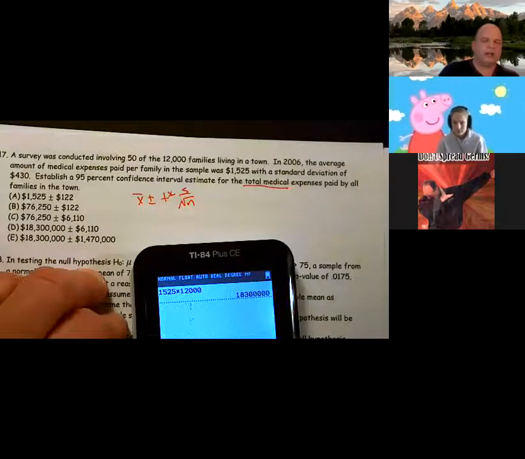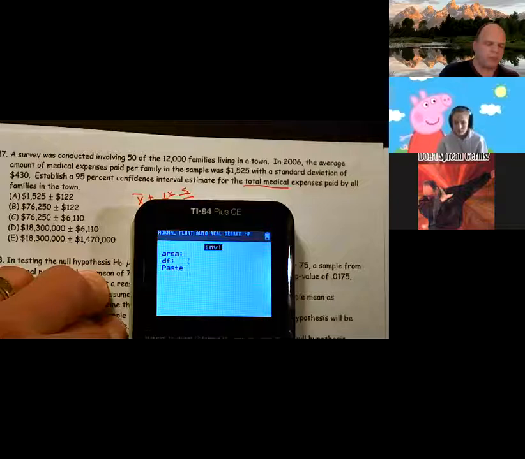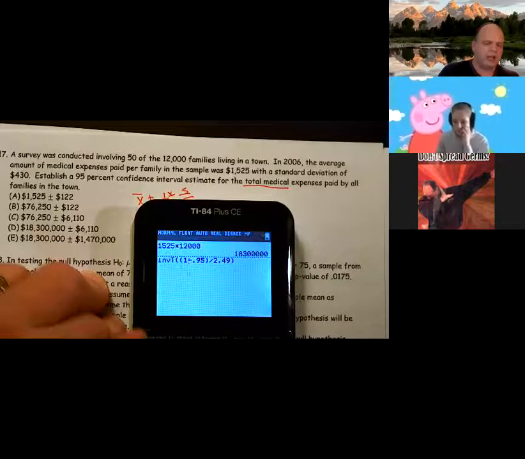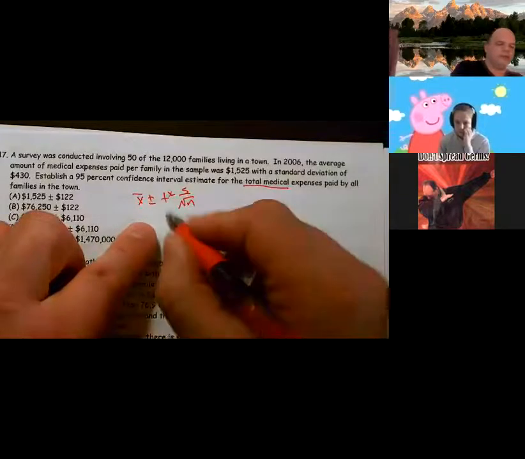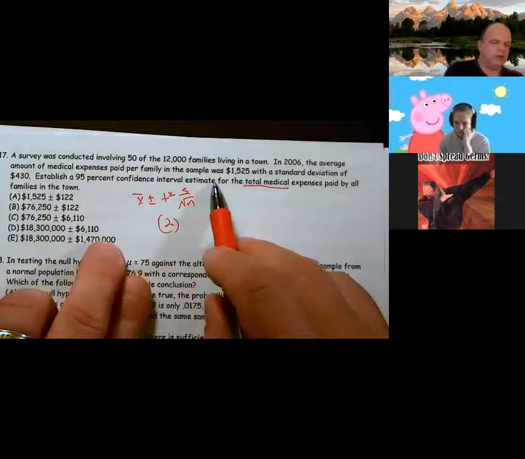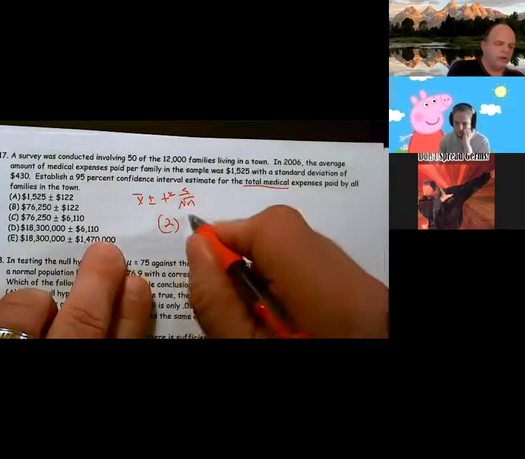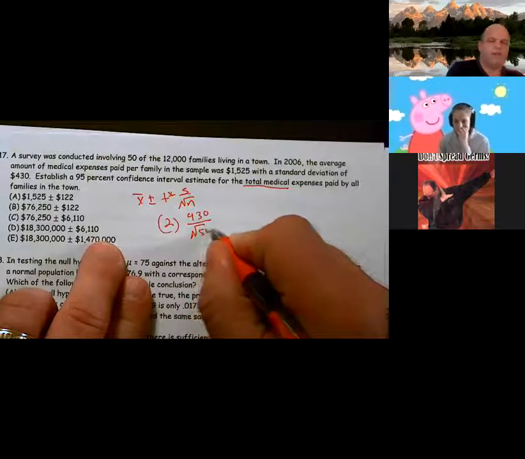So let's get our inverse T, second vars, inverse T, parenthesis 1 minus 0.95, close parenthesis, divided by 2, degrees of freedom 49. Now I'm going to get some value and it's 2. So this value is about 2 times my standard deviation of 430 divided by the square root of 50.